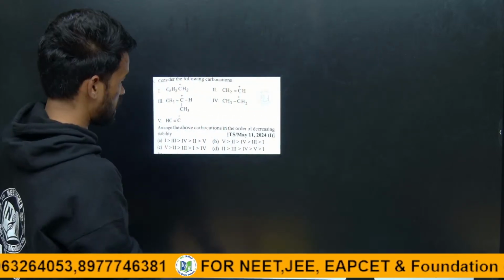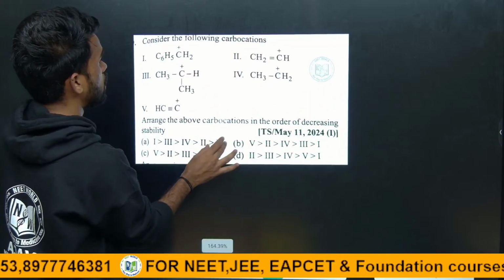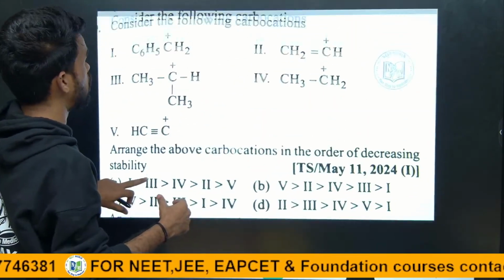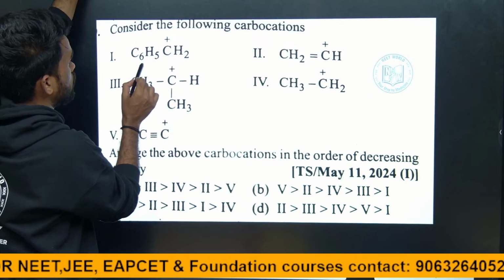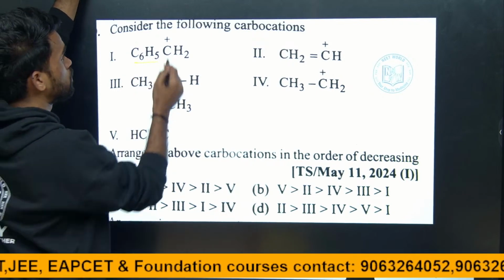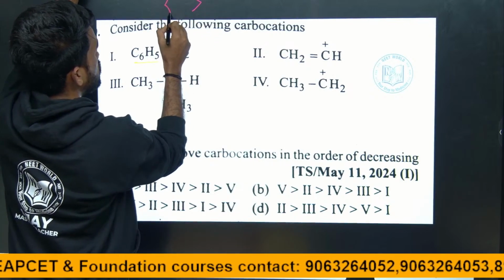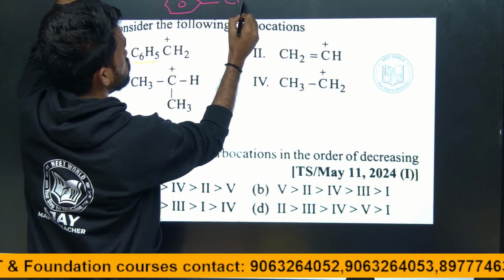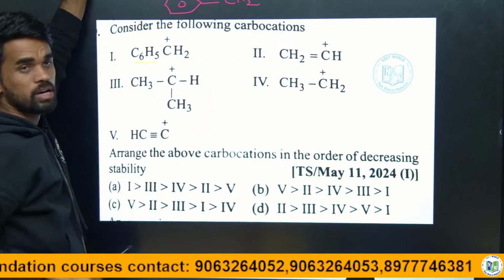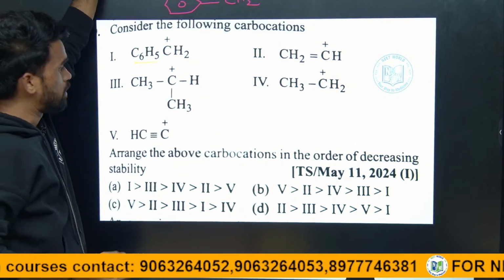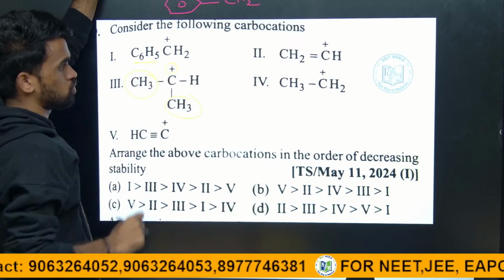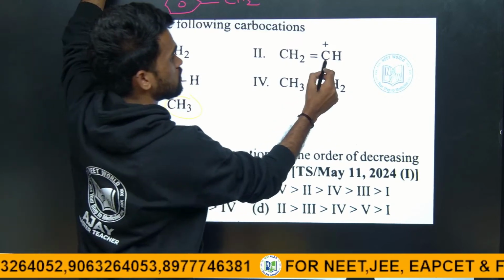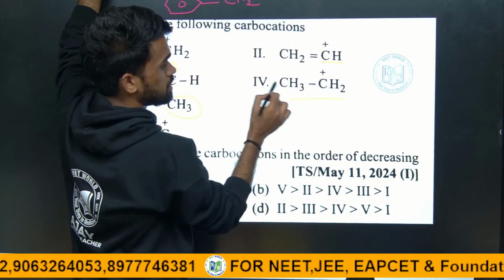Now tell me, what about the carbocation stabilizing order? Here you can check, this is a phenyl group attached with the CH2, so this carbocation we should call benzyl carbocation. In this one there are 2 alkyl groups attached to the positively charged carbon, this is a vinylic carbocation, and this is ethyl carbocation.